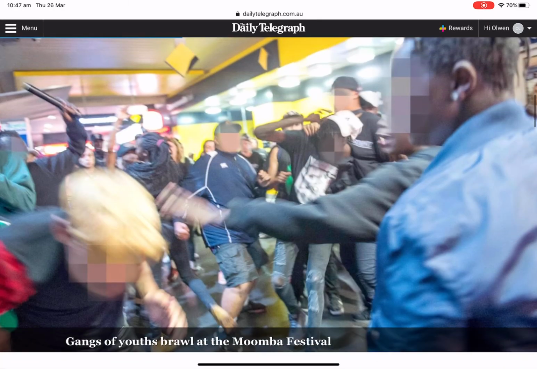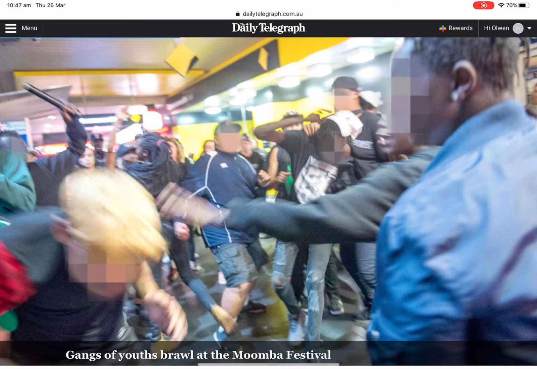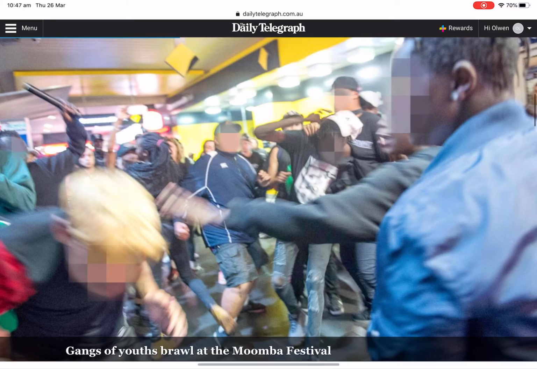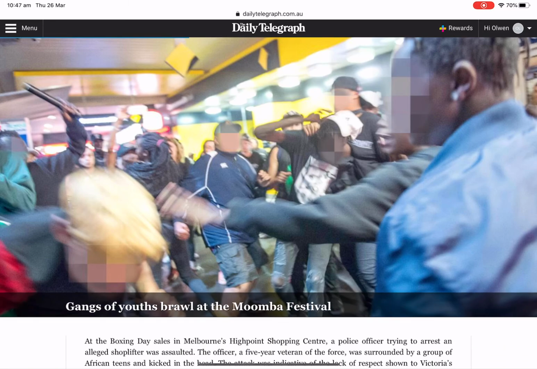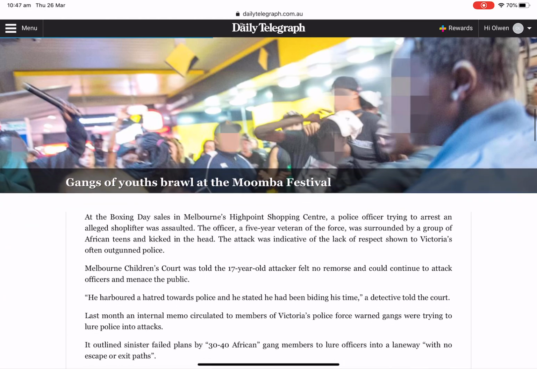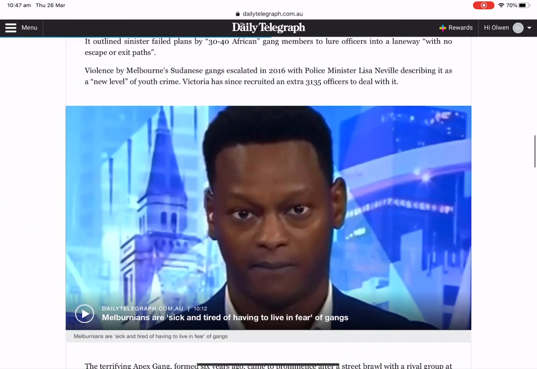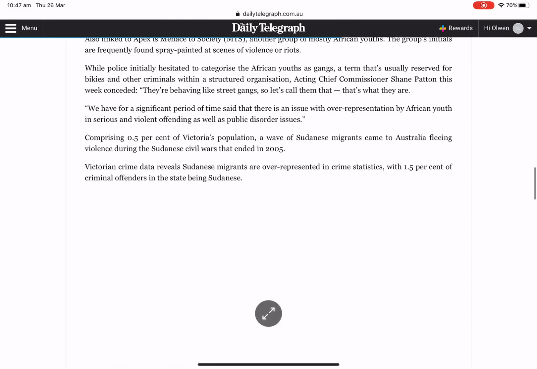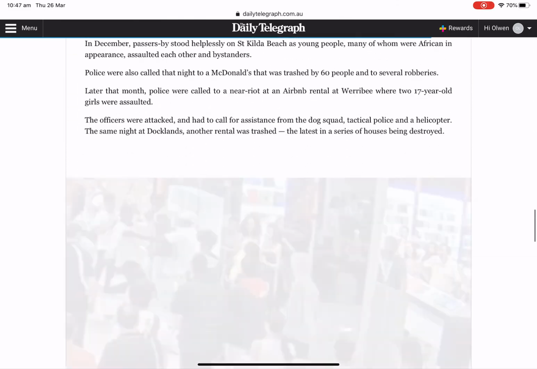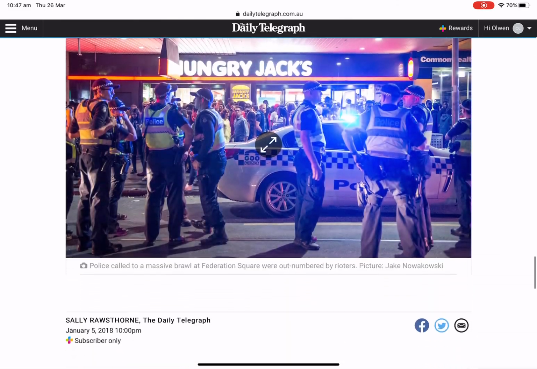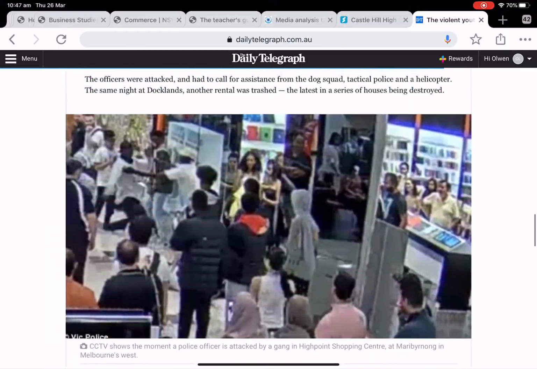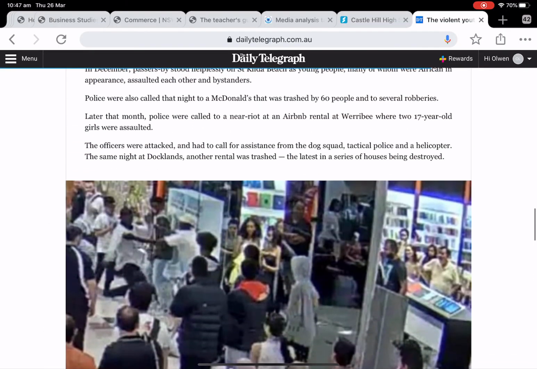And then we see another one, and again there's an image of them looking like they're in a fight, so they're being violent. Again, it's making that visual association between African youth and gangs or criminals and being violent. And then the next thing you can do is look at what the article is actually saying. So looking at all of these images that are provided to you, not one of these images is of Sudanese youth not in a gang, not in a group.